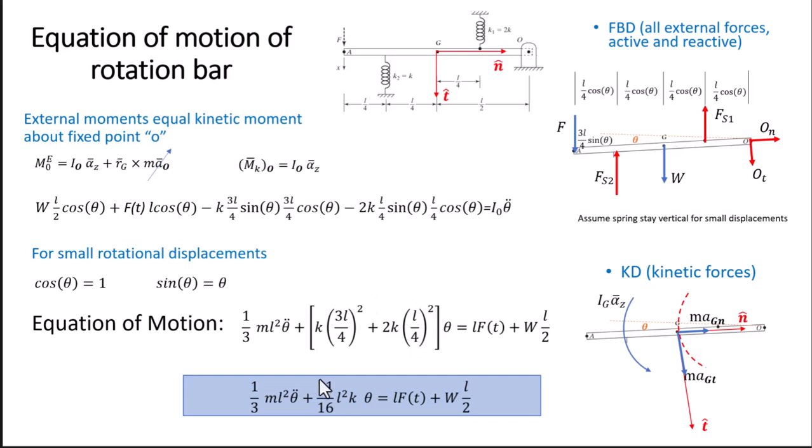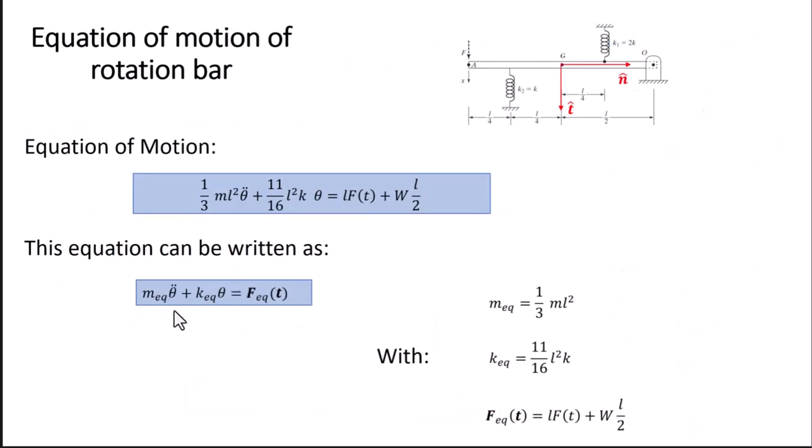These two combined give 11/16 L squared k theta, and this is the independent term. We can write this expression as m equivalent times the angular acceleration, where m equivalent is this value, k equivalent is this value, which is 11/16 L squared k, and then all this term as a force equivalent.